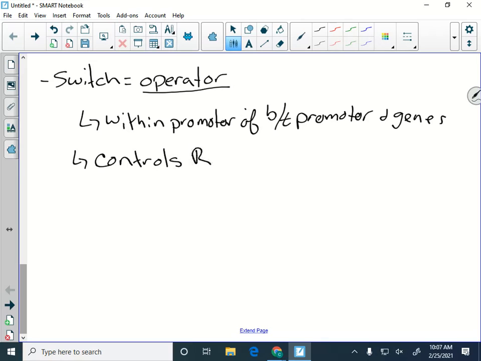If RNA polymerase cannot bind to a gene, RNA polymerase cannot transcribe. Therefore, by preventing RNA polymerase from binding, we don't make the mRNA to make a protein, therefore we do not make the protein.